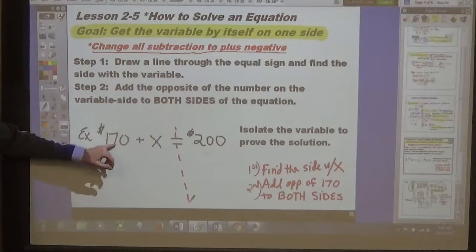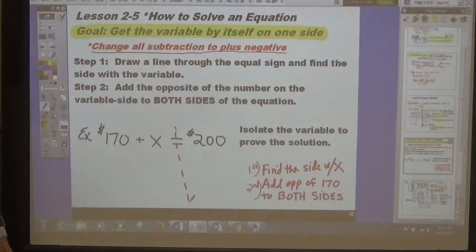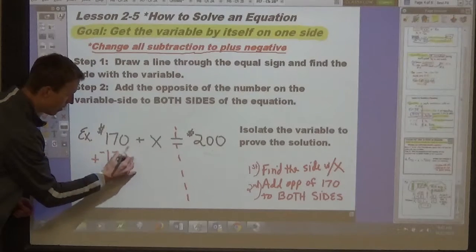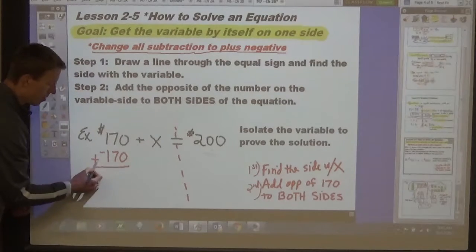What can we add to get rid of 170? To eliminate it or to make it 0. What can we add to it? I know. Negative 170. Exactly. You add negative 170 to get 0.